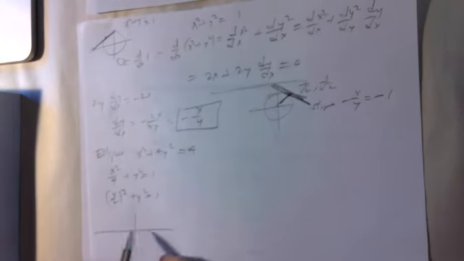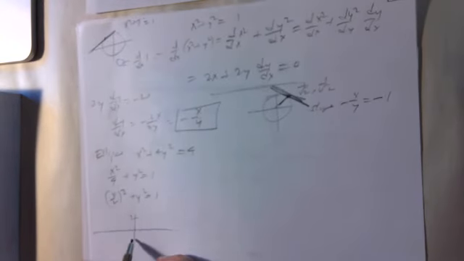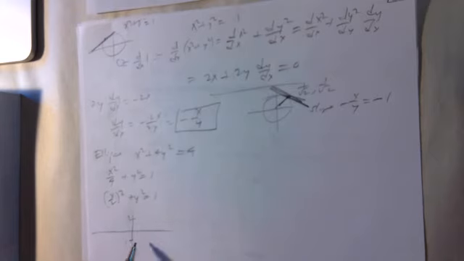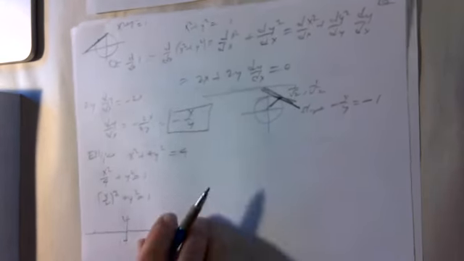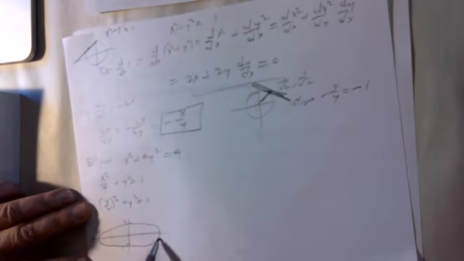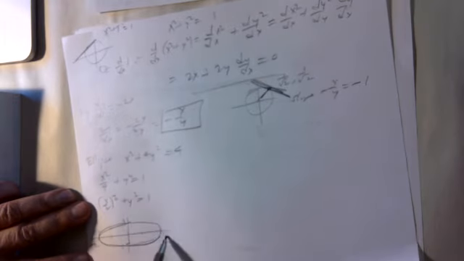When x is 0, y is plus or minus 1. When y is 0, x is plus or minus 2. So we have this ellipse.